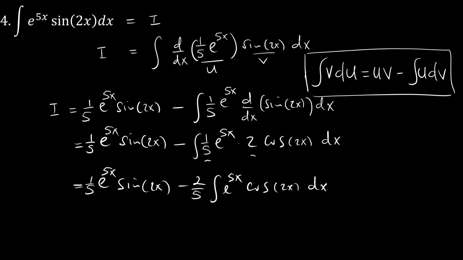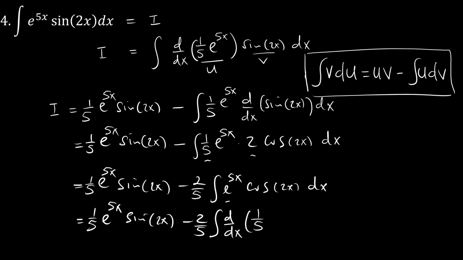And then we can re-express this as, again, the derivative of 1 over 5 e to the power 5x cosine of 2x.